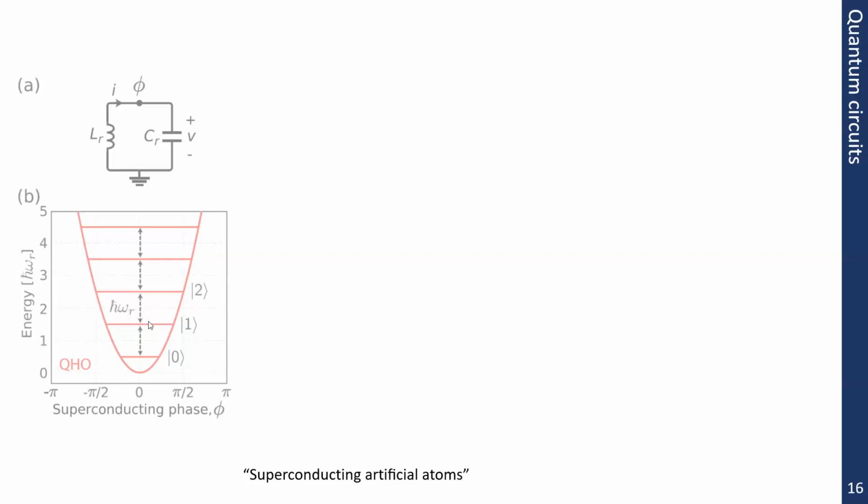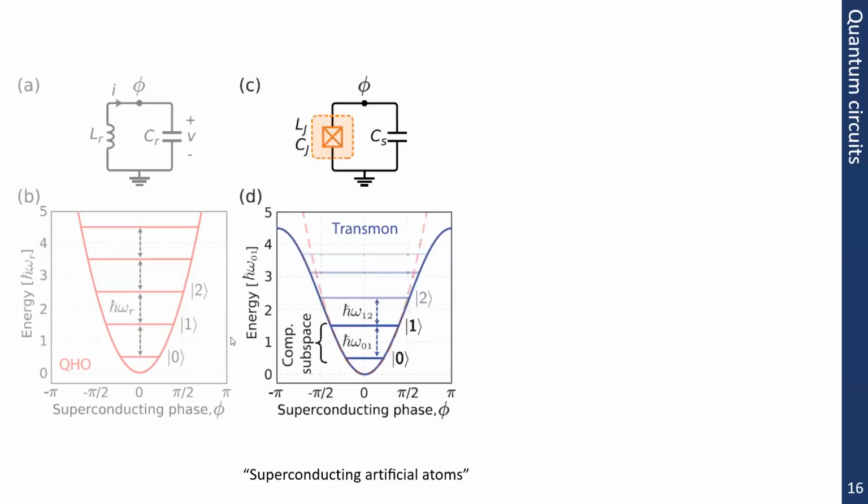In order to use the system as a qubit, we need to select only state 0 and state 1 and remove all other states, 2, 3, etc. So we need to truncate our Hilbert space to a two-dimensional space. That's why we need only states 0 and 1. So we need to bring unharmonicity to the system. This is the reply to your last question in the chat.